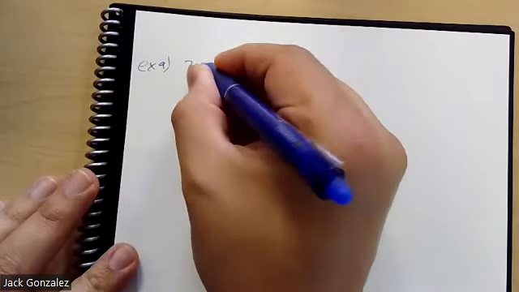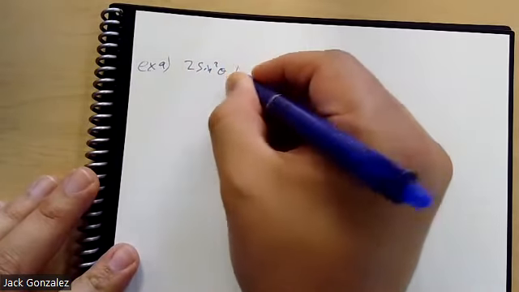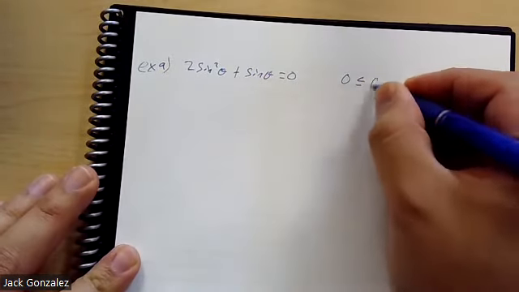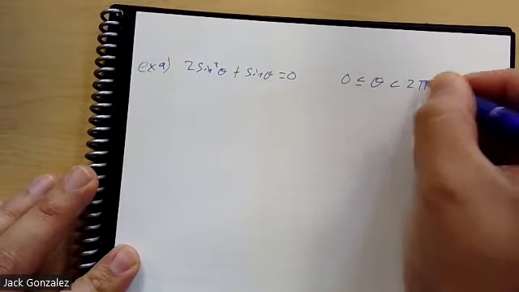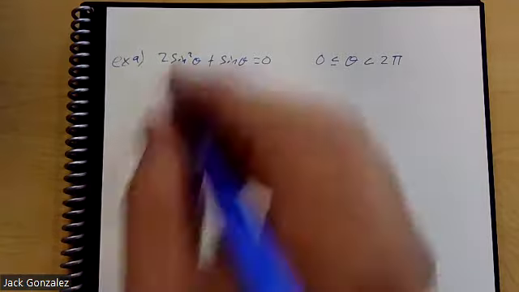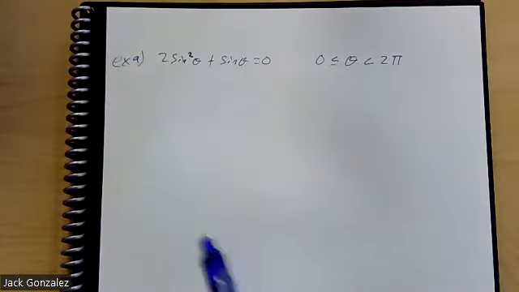This one right here, how would you solve it? Two sine squared plus sine equal to 0. And if you see a square, you should be thinking factoring, right? How do we factor this?